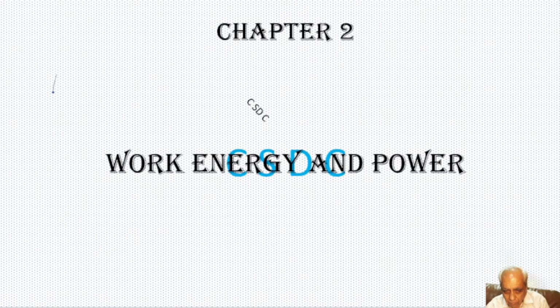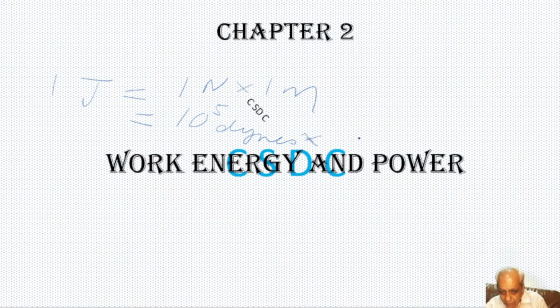We have learned 1 joule is equal to 1 Newton multiplied by 1 meter. Now what is 1 Newton? 1 Newton is 10 raised to 5 dynes. And what is 1 meter? 1 meter is 100 centimeter.